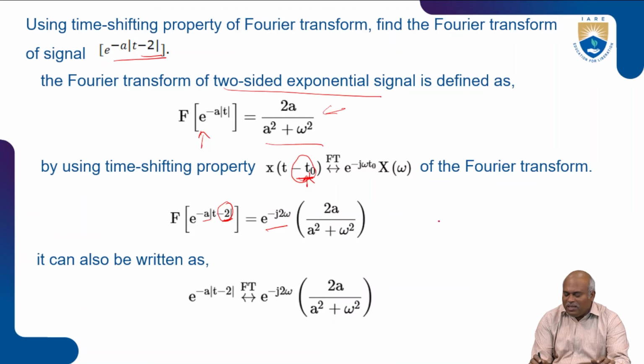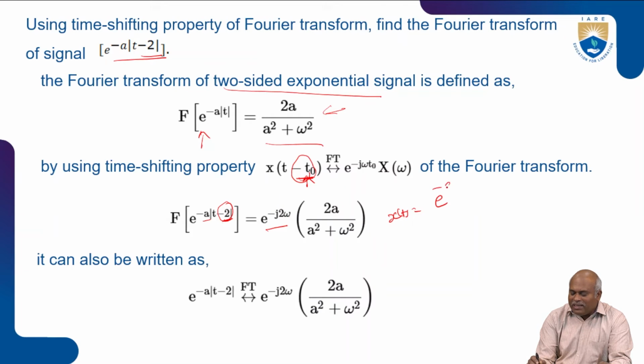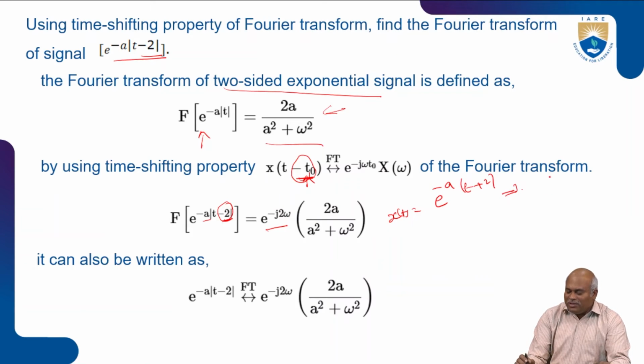Suppose we are given x of t equal to e power minus a mod of t plus 2, and asked to find the Fourier transform using the time shifting property. Since it is plus 2 here, I should write e power plus j 2 omega into 2a divided by a square plus omega square.